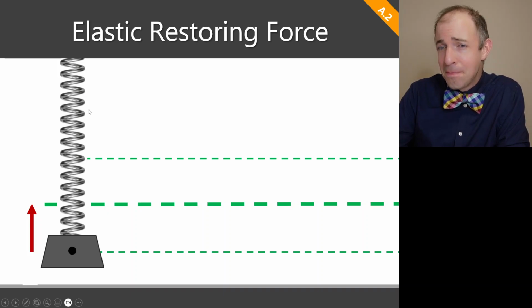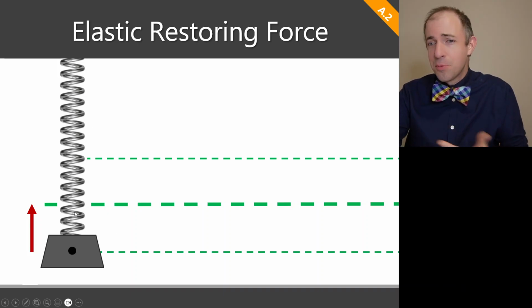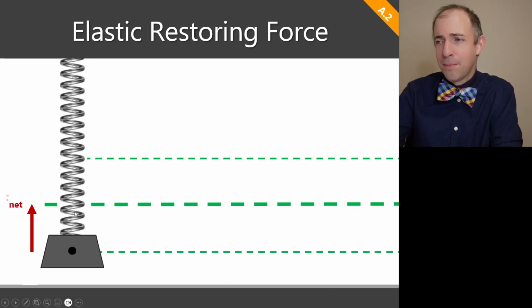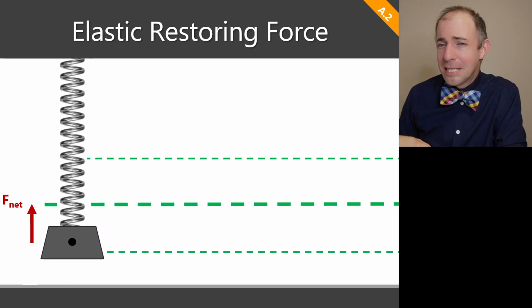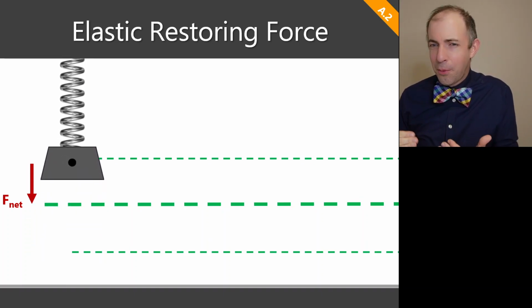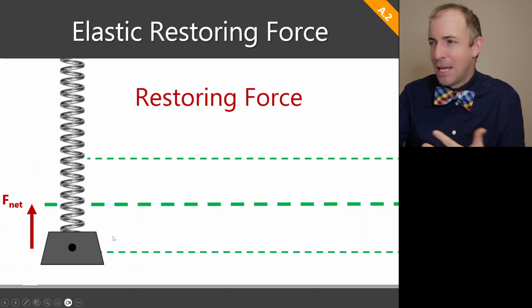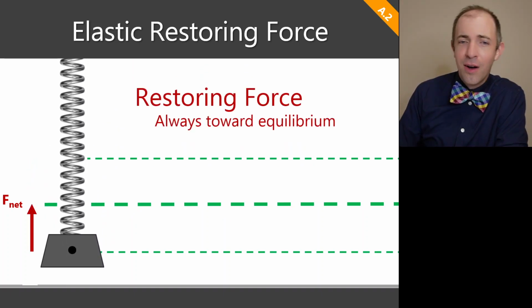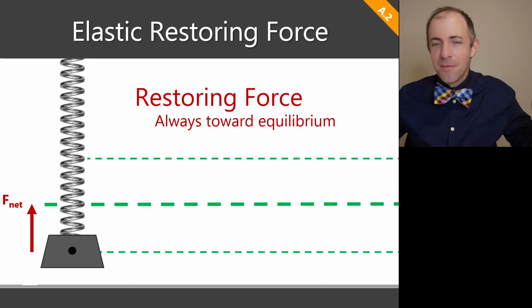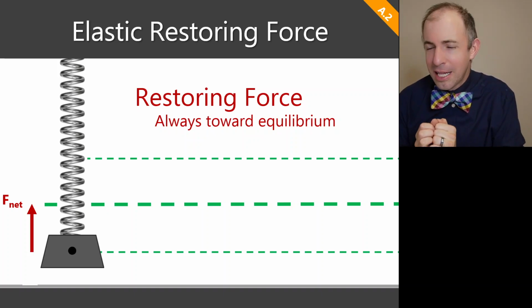Now, if I went above the equilibrium point, say it's a spring that can undergo tension or compression, the net force is going to continually change, but it's always going to point in the direction of kind of that middle. So we call this a restoring force. It's always toward equilibrium. So if you have a rubber band and you stretch it, the equilibrium is the unstretched length of the rubber band.